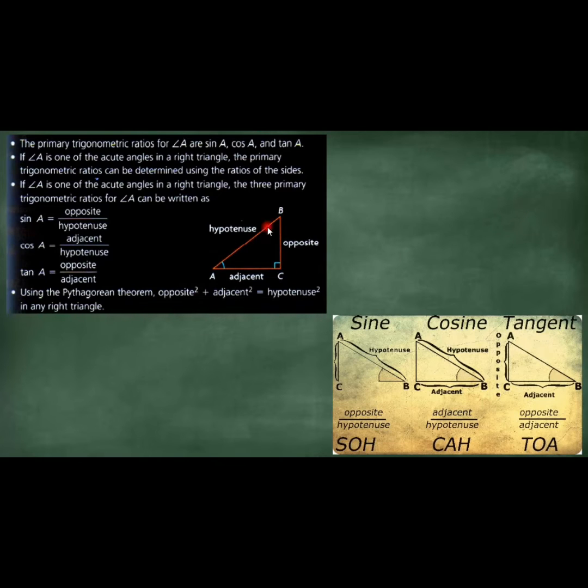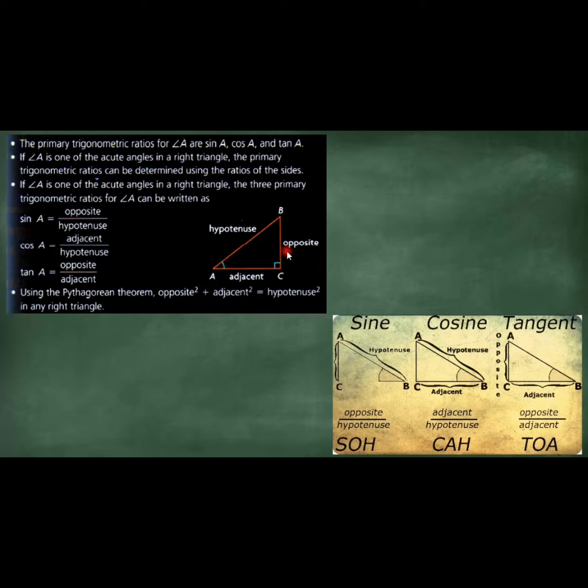Okay, let's look at these right triangles. In these right triangles, angle A is an acute angle, and so is angle B. We talk about angle A. There are three sides in these triangles.